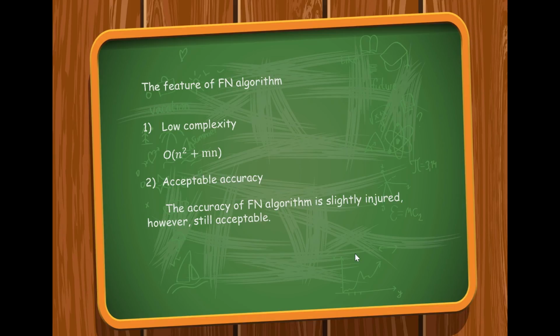That is much better than what we obtained from the GN algorithm. However, at the price of low complexity, the accuracy of the FN algorithm is slightly injured. But still, it is acceptable. I will show you next in our test.